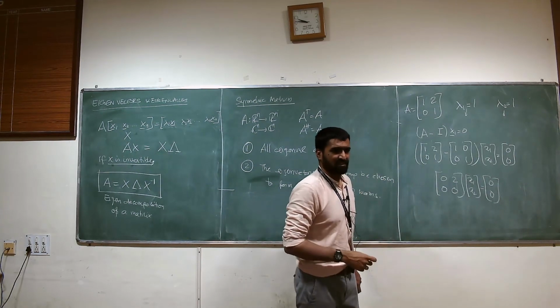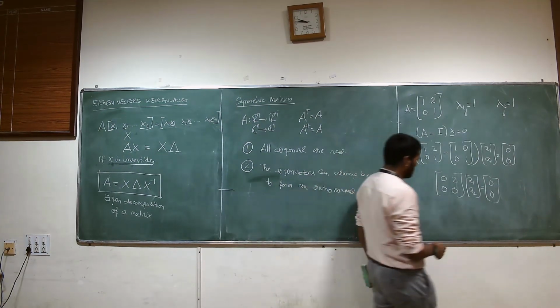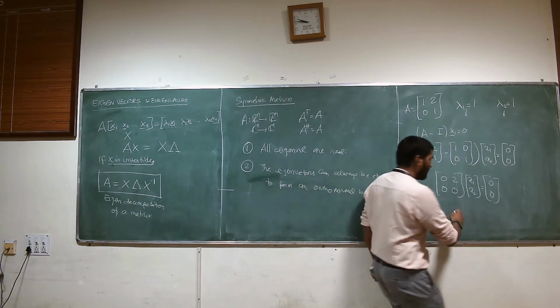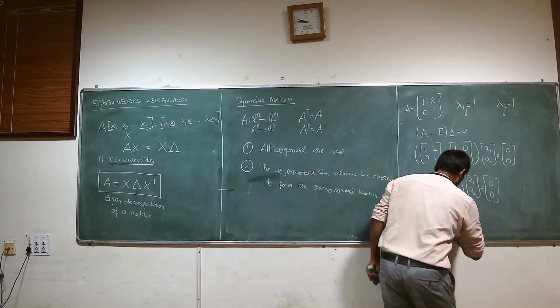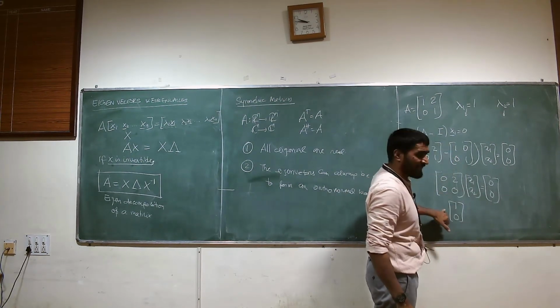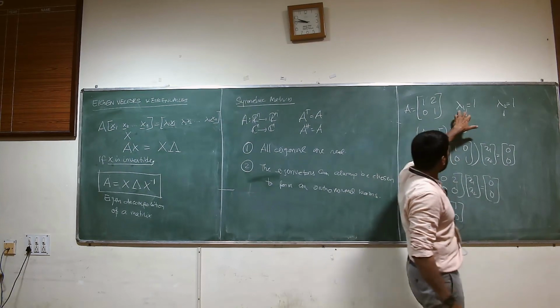What is an eigenvector for this? Yeah, okay, 1, 0. That's an eigenvector for lambda 1 equals 1.